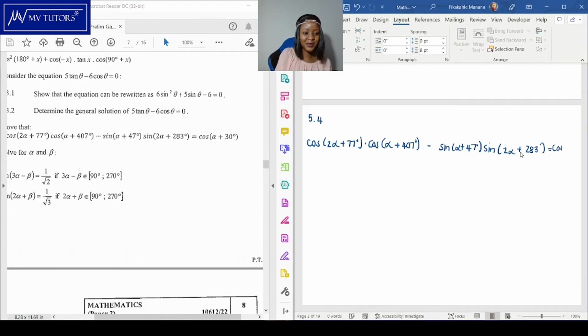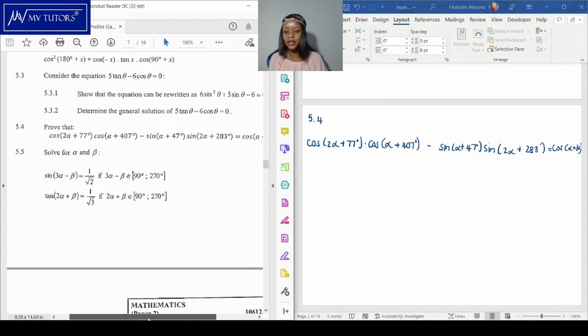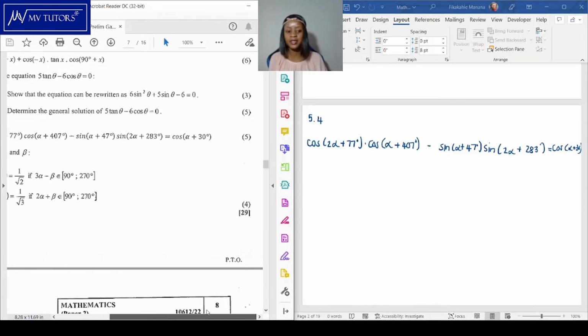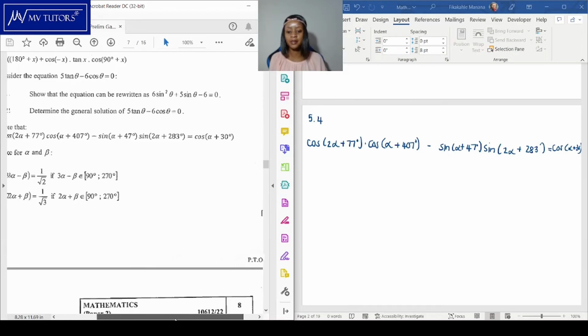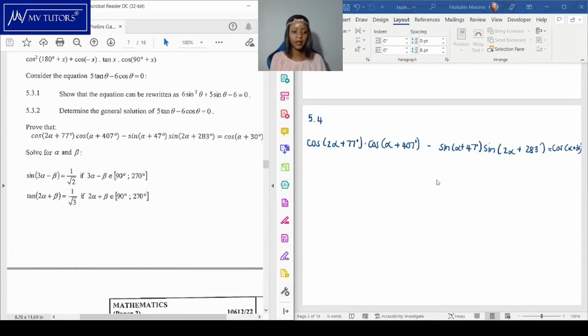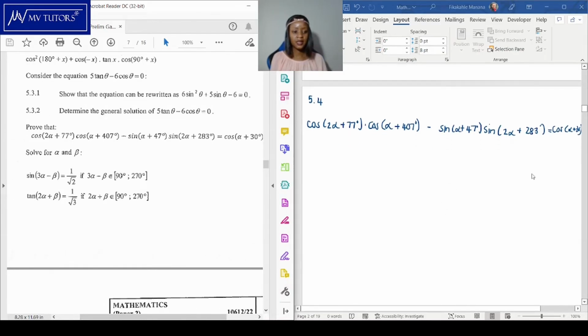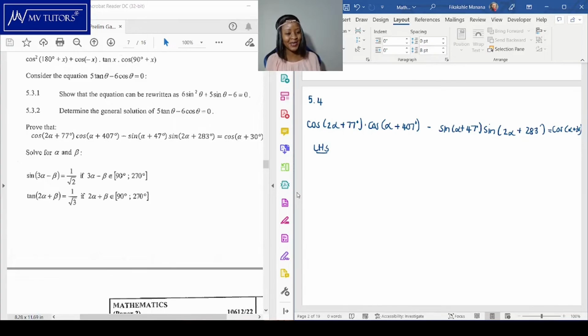I'm just going to squeeze it in there. So basically we're proving that the left hand side is equal to the right hand side, and that is 5 marks. So I'm definitely going to look at the left hand side and make it equal to the right hand side.